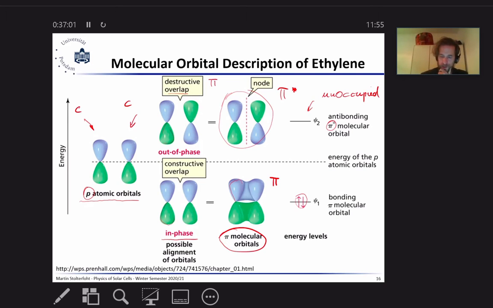And this actually means this is occupied by a spin up and spin down electron. So this molecular orbital is occupied by two electrons from both carbon atoms. They contribute one into this molecular bond, right? Okay.